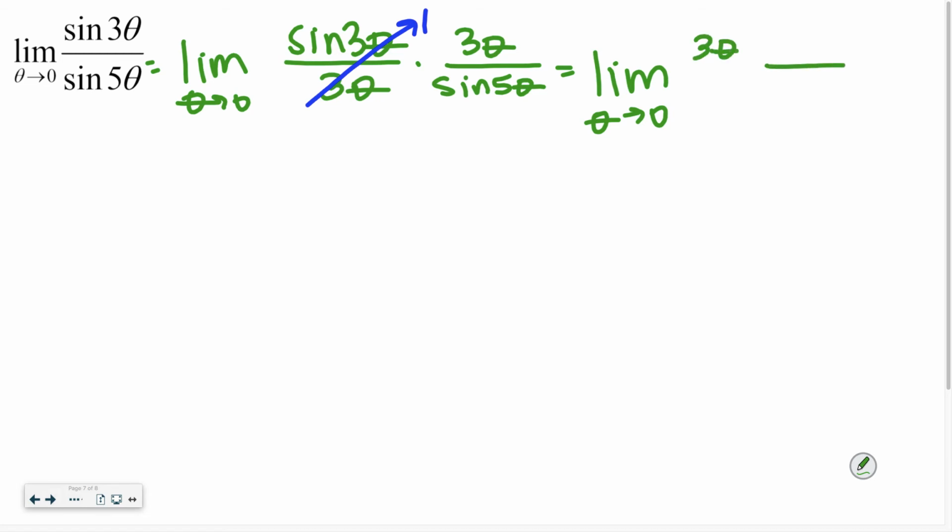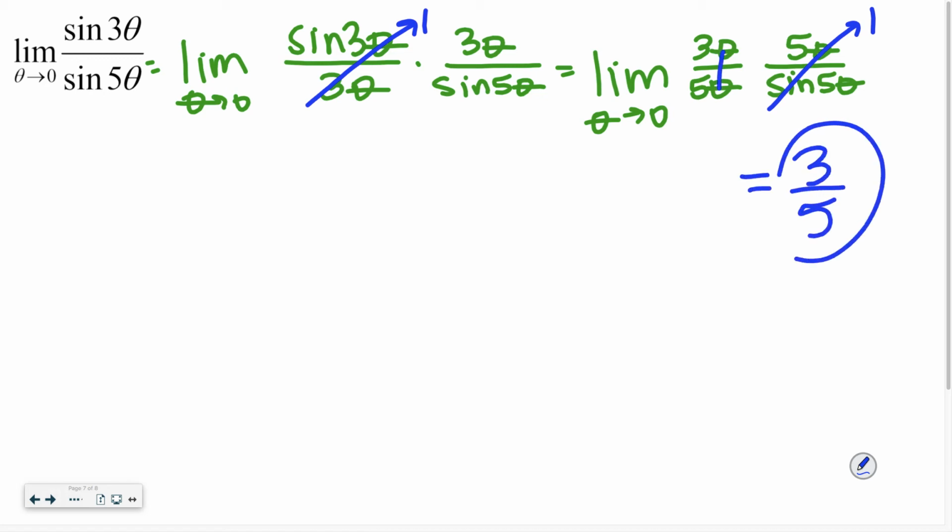So I'm going to separate this out into the 2 separate fractions. So you want a 5 theta? So we're going to have to multiply by 5 theta over 5 theta. Right? What happens here? We go to 1. These thetas cancel, and our answer is 3/5.